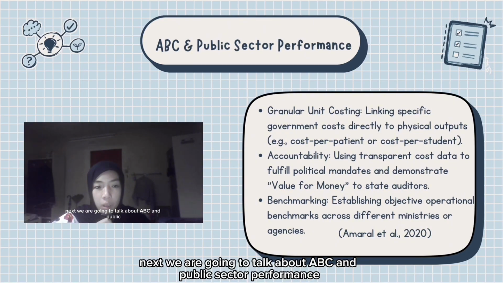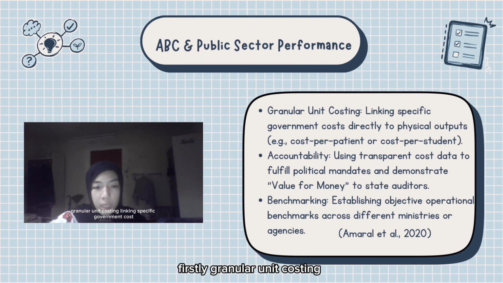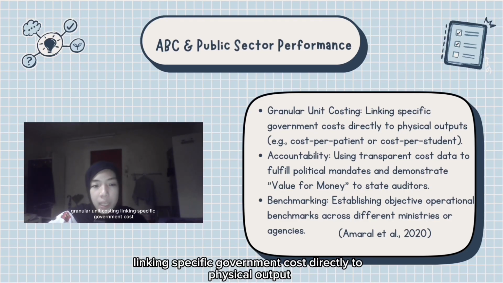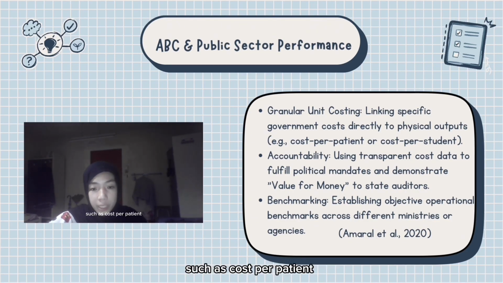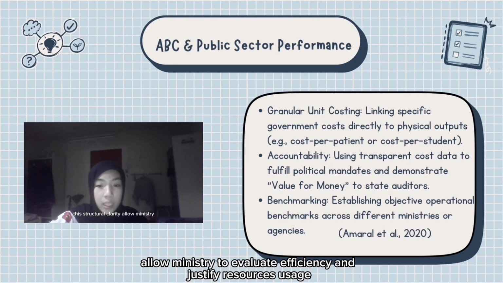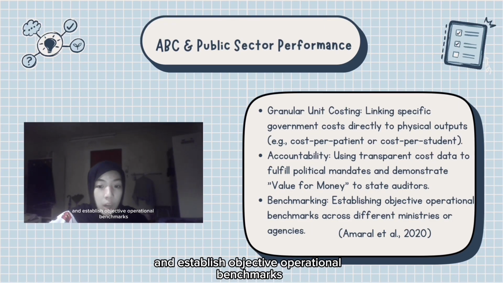Next, we are going to talk about ABC and public sector performance. Firstly, granular unit costing, linking specific government costs directly to physical output, such as cost per patient. This structural clarity allows ministries to evaluate efficiency, justify resource usage, and establish objective operational benchmarks.